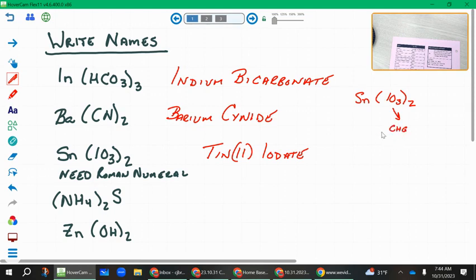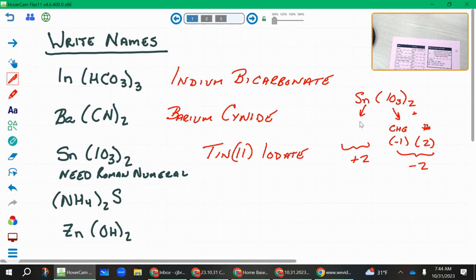What is it? Charge on iodate, somebody please. -1. And we need to know how many there are in the compound, and that there are 2 of them. That means this whole thing has a charge of -2. That means that the tin has to have a charge of +2 because the total charge on an ionic compound is always 0, neutral, however you wish to say it.